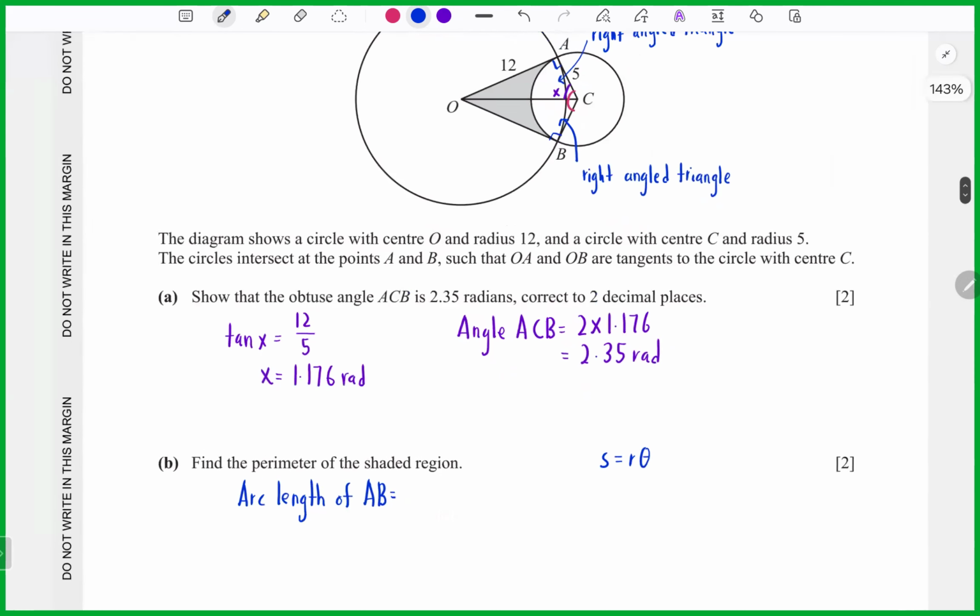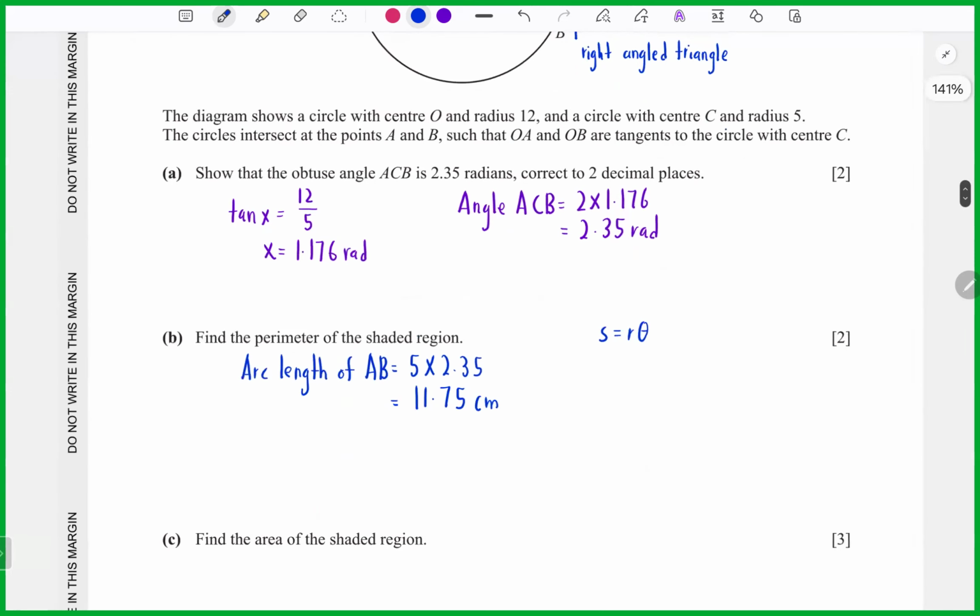The radius is 5 cm, so 5 multiplied by 2.35 equals 11.75 cm. Now you can find the perimeter of the shaded region.